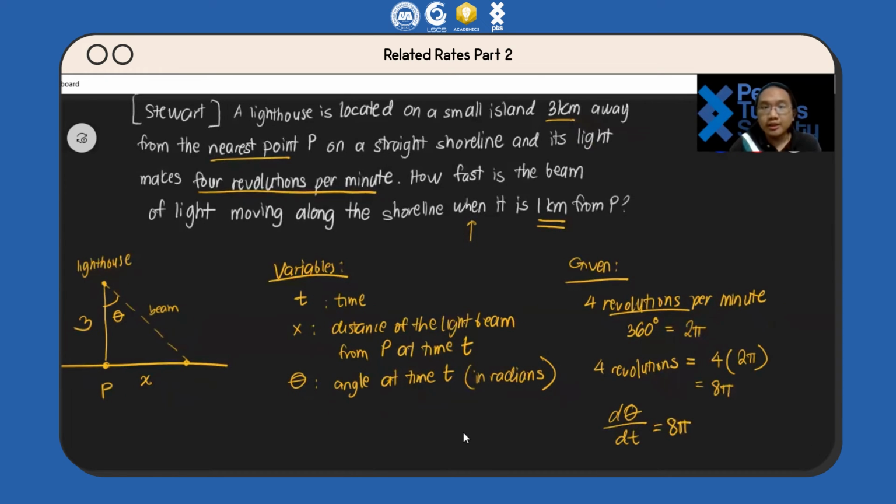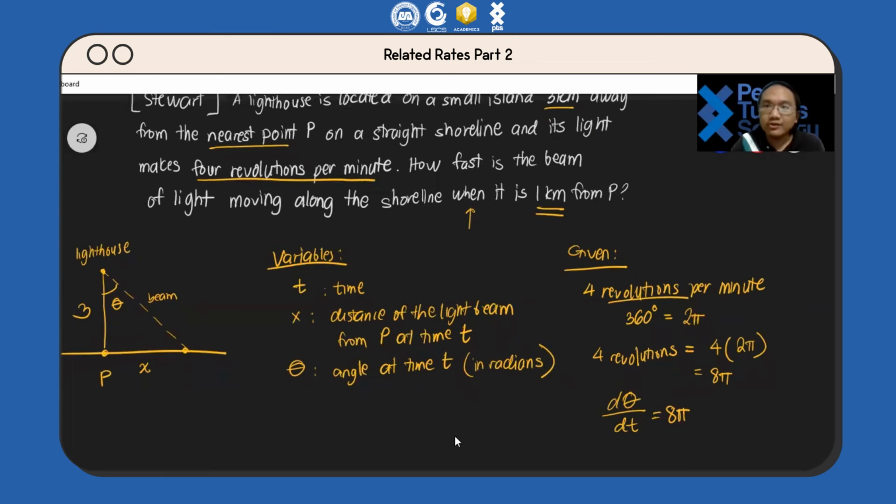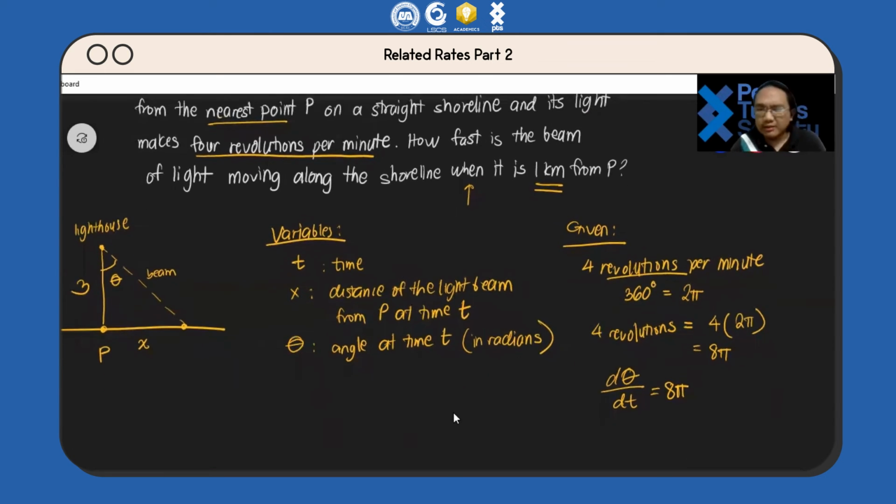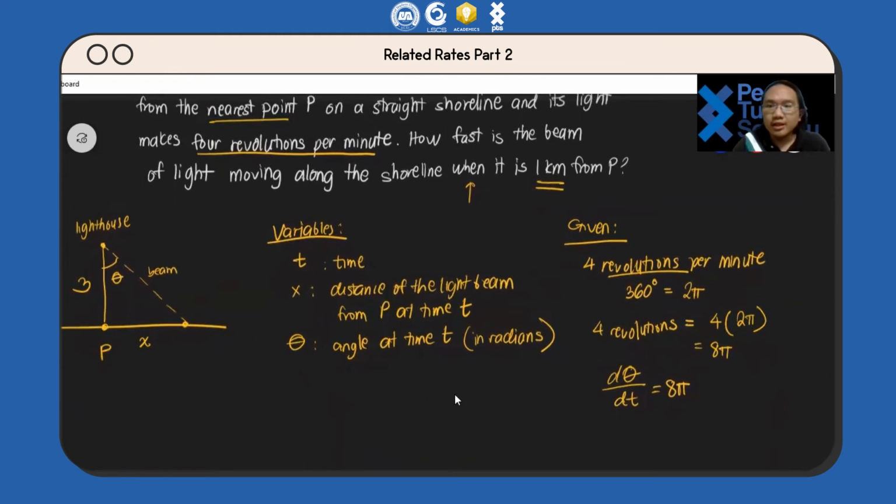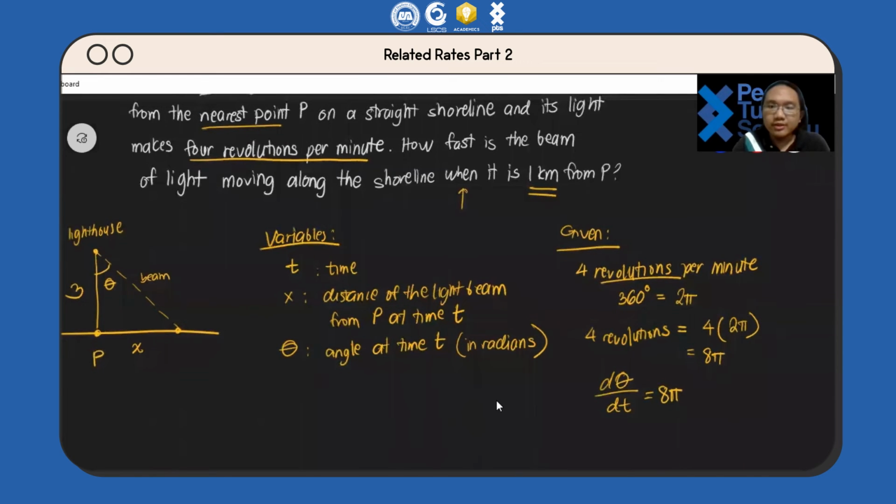Radians is a dimensionless unit, so no need for dimensions. But just to be more explicit, let's have it as 8 pi radians per minute.